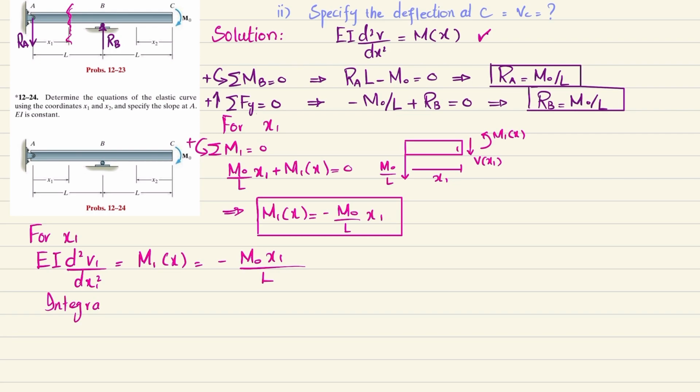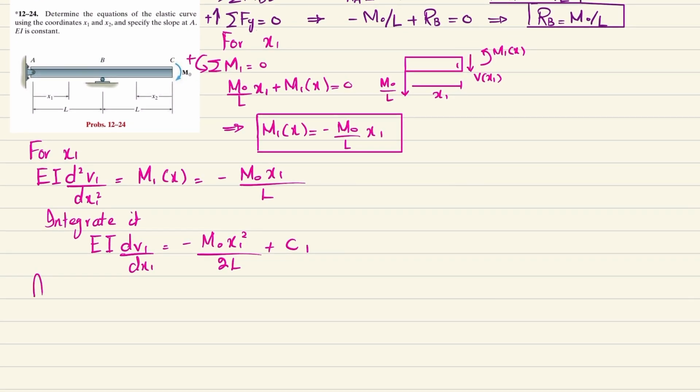When you integrate once, you get EI dv1/dx1 equals minus M naught x1² over 2L plus C1. Now we will integrate again to get the equation of deflection, the equation of the elastic curve.